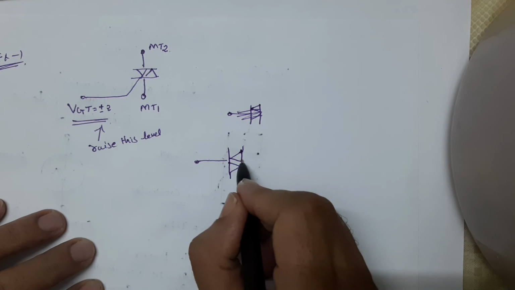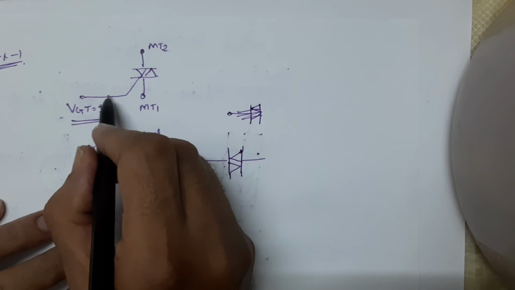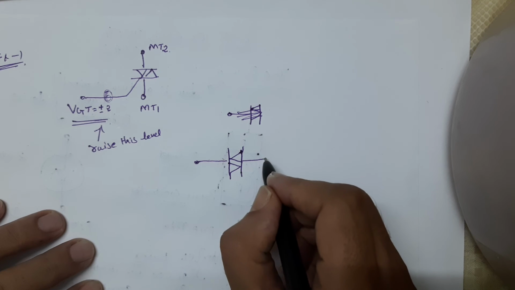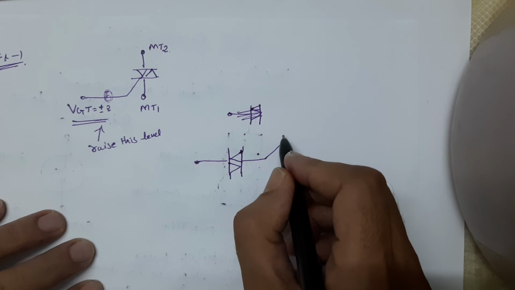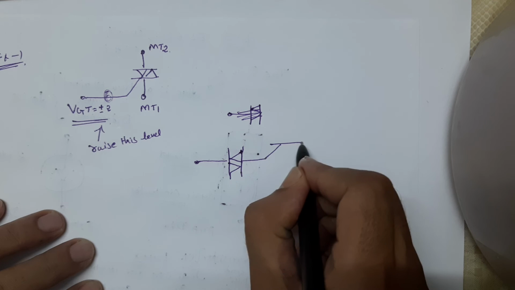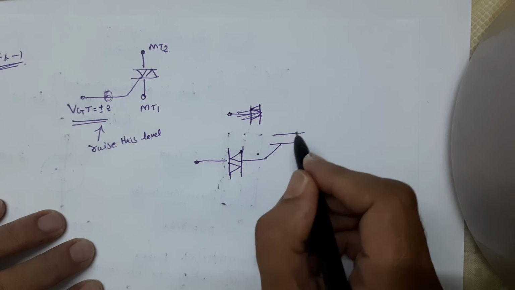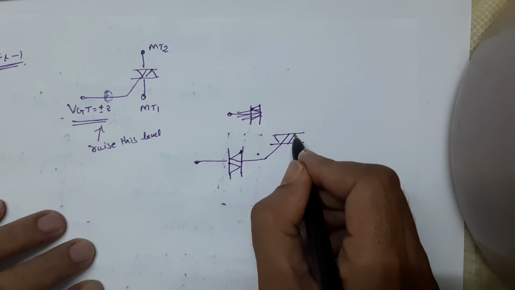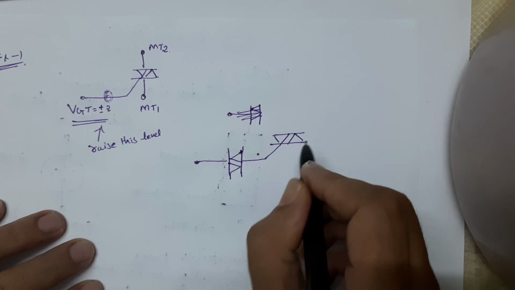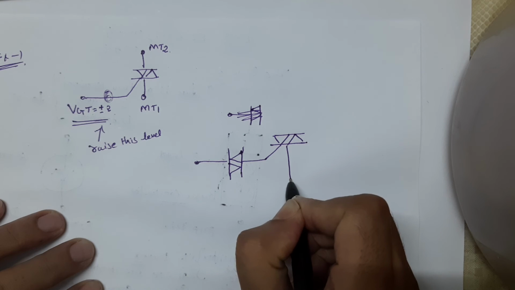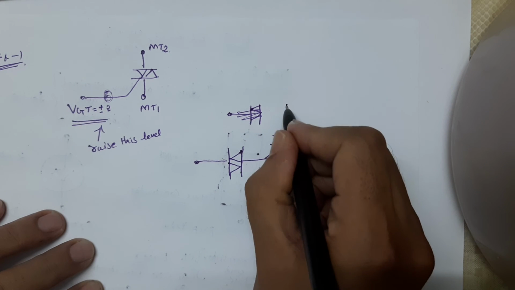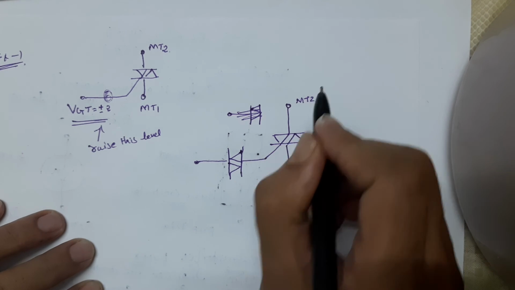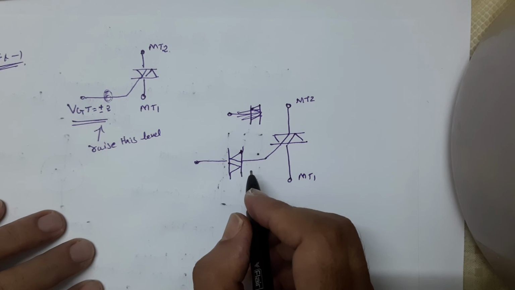This is your diac, connected here. This is your triac, MT1, MT2, and this is your diac.